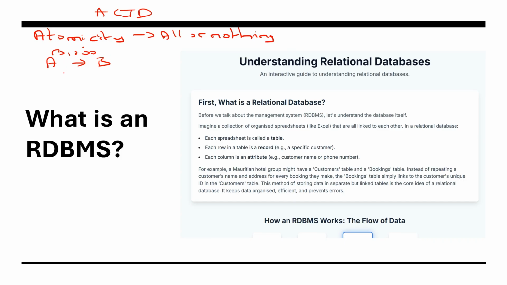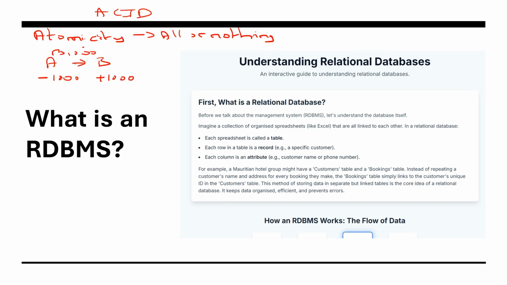First, the 1,000 rupees is deducted from A, and secondly, 1,000 rupees is added to B.